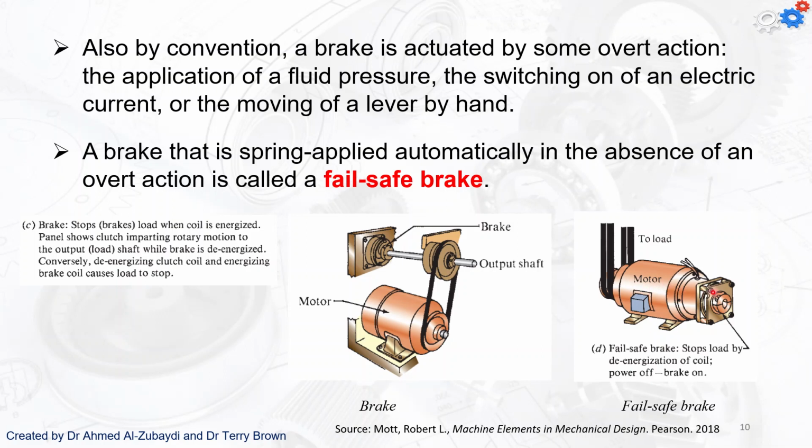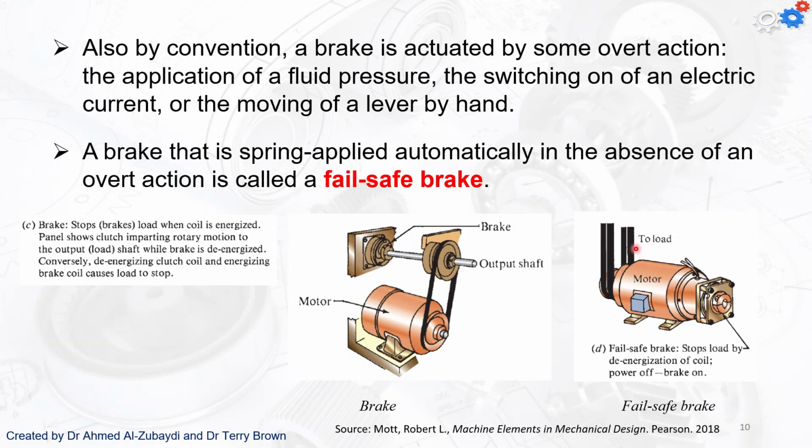When you turn the power on, it disengages the brake and allows the transmission components to rotate. So what happens there is, if you lose power all of a sudden, it fails in a safe way such that the brake is energized. And I've got some pictures later on showing you how that happens.